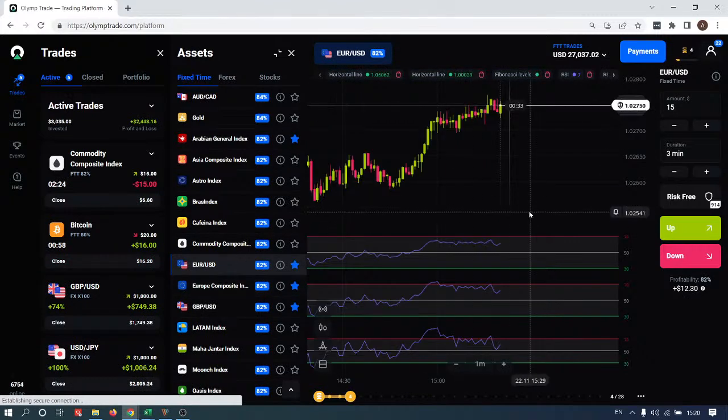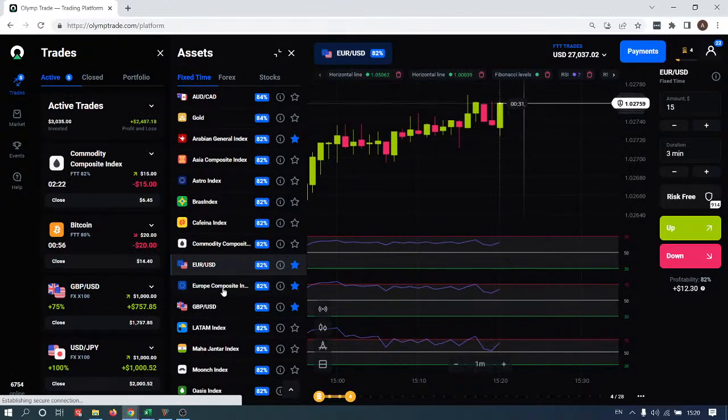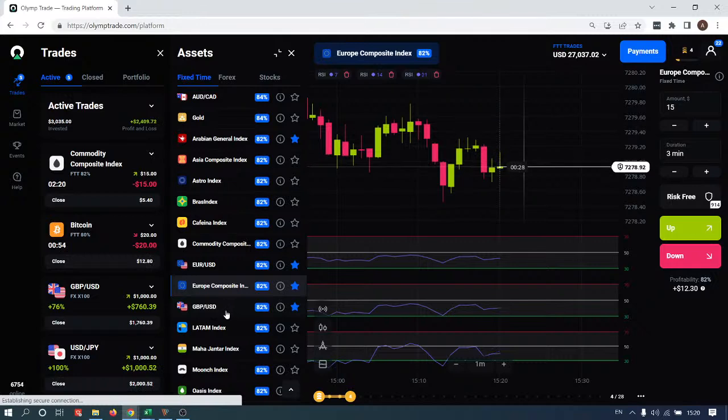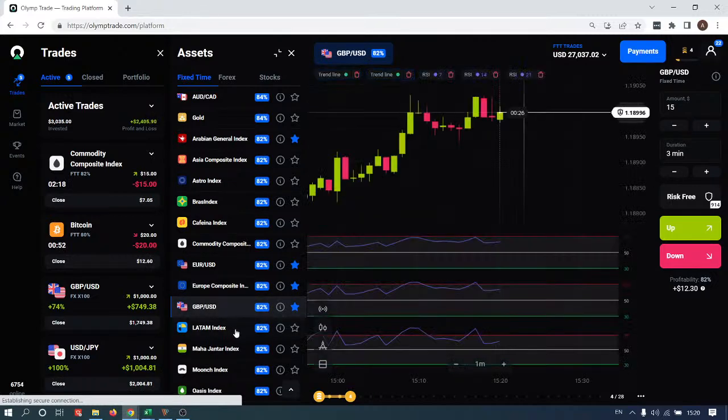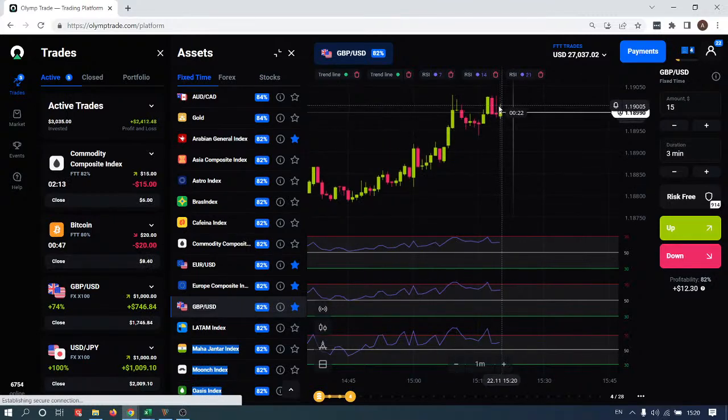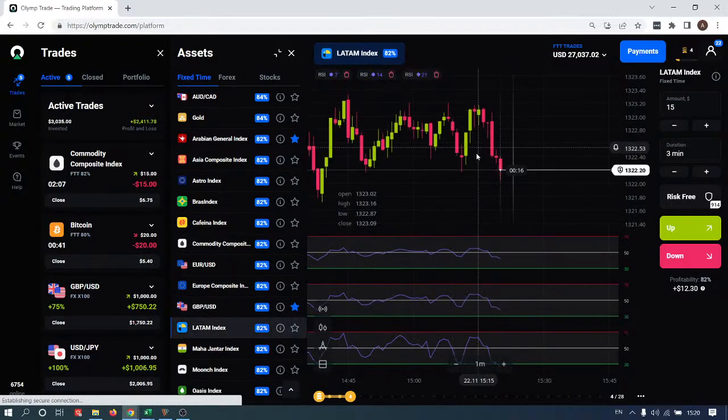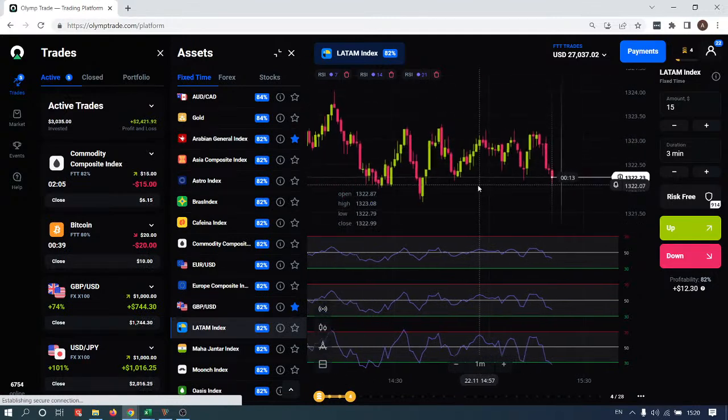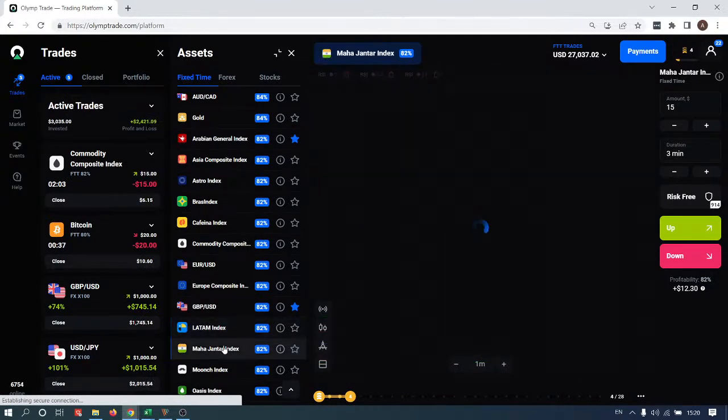So let's have a look at, okay, so LATAM index.